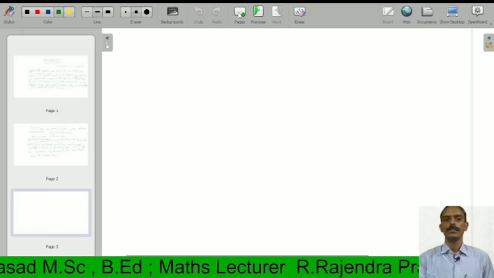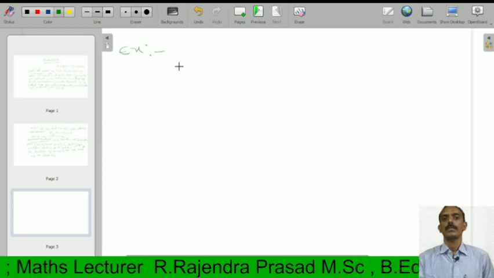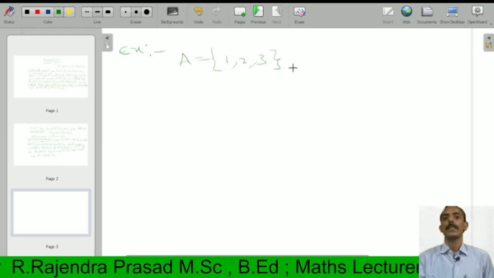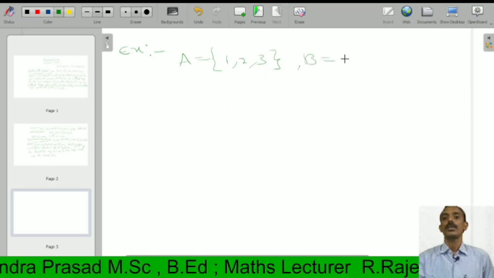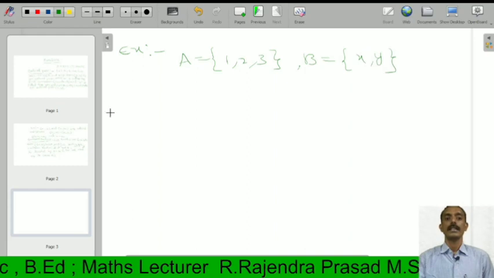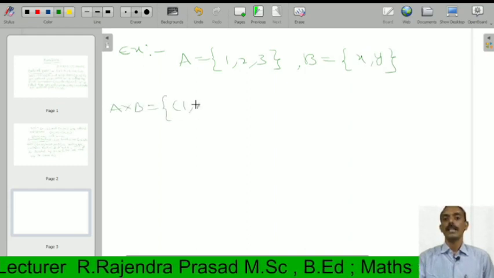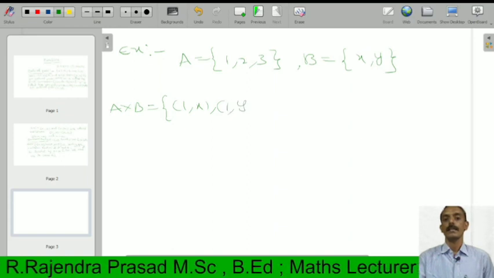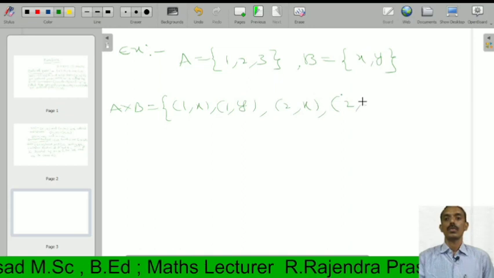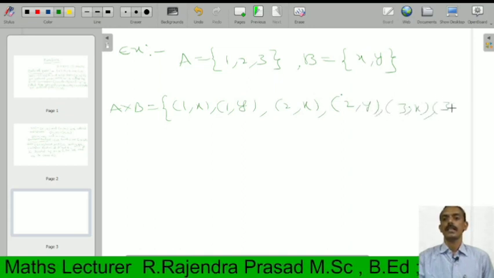For example, A equal to {1, 2, 3} and B equal to {x, y}. Then A cross B equal to {(1, x), (1, y), (2, x), (2, y), (3, x), (3, y)}.